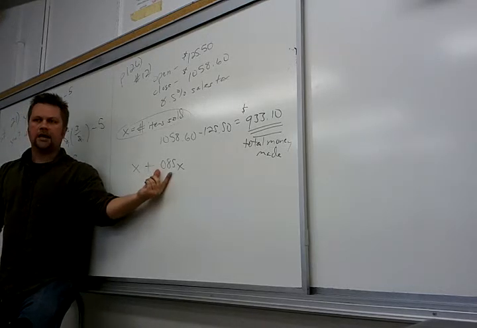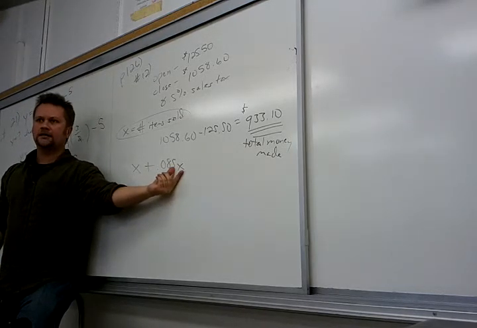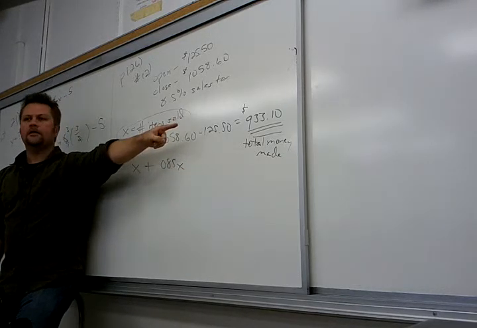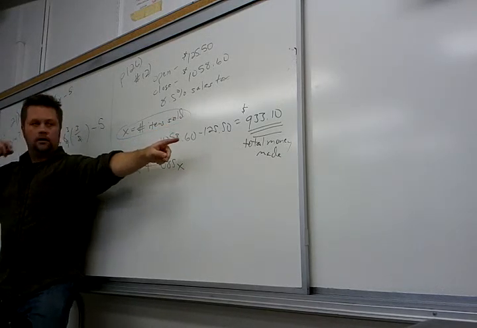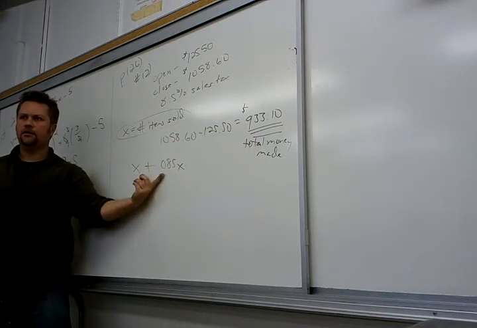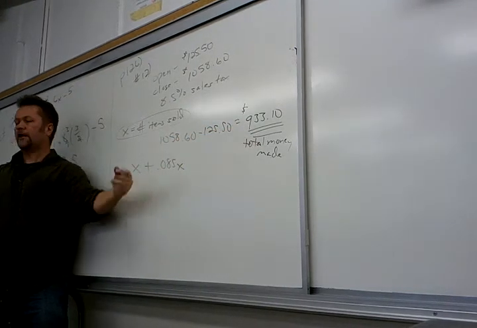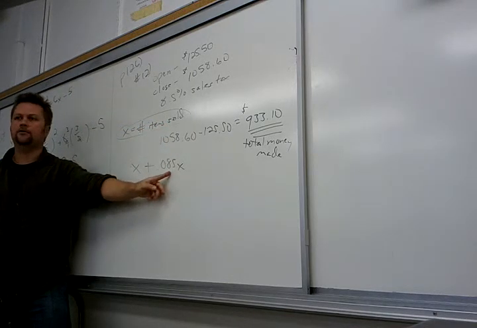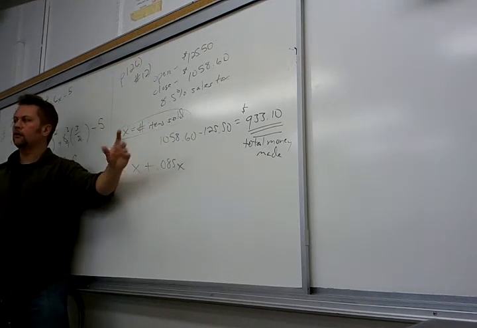The percentage has to be taken on the number I don't know, which is why algebra is harder. If I take 8.5% of that, I'm going to go too far back.